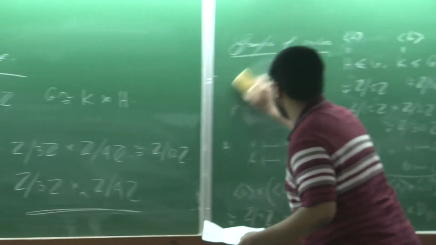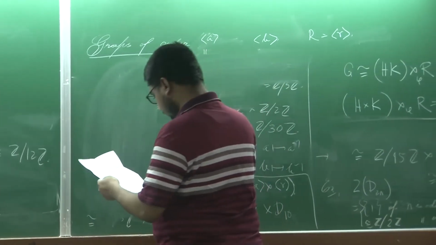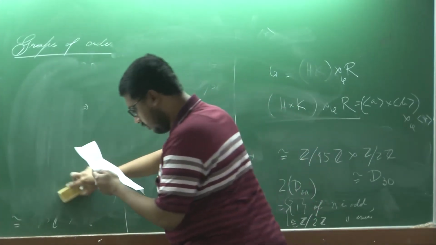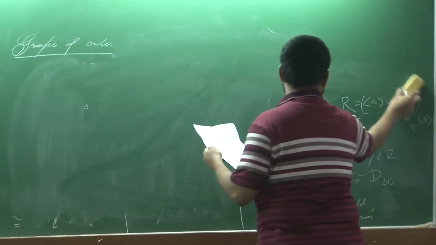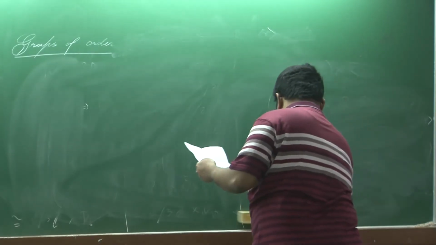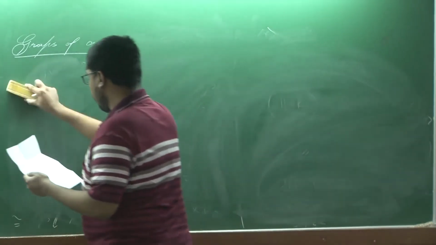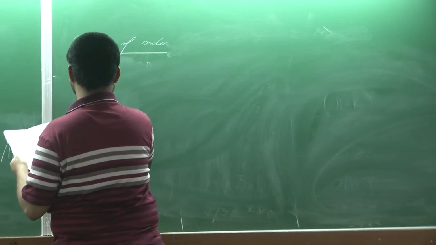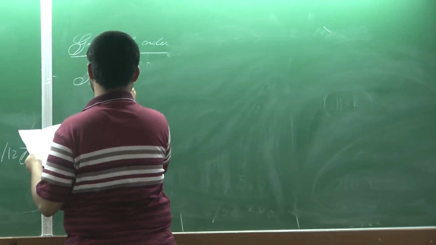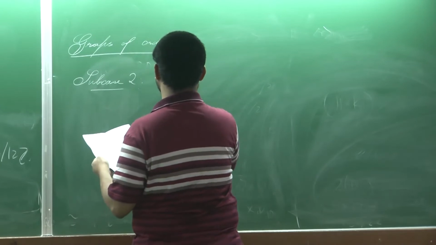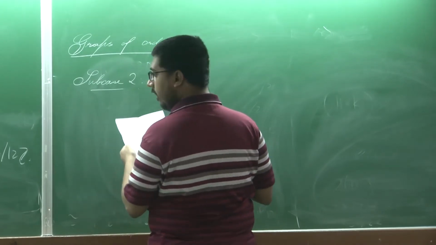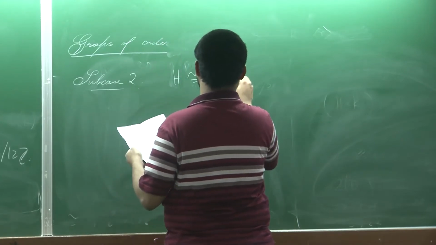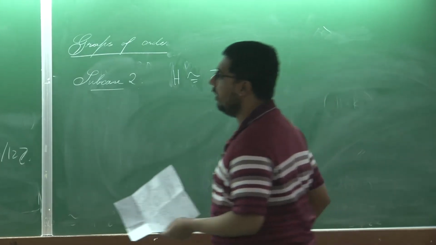Now let us come to the second subcase, when H is isomorphic to Z modulo 2Z direct sum Z modulo 2Z.